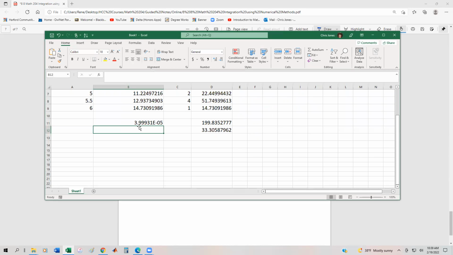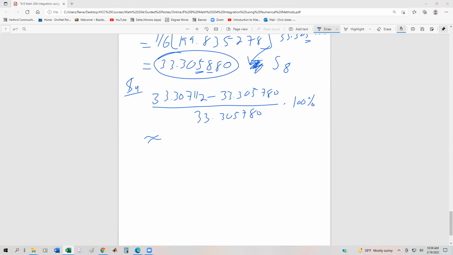It gives me 3.999, and I have to multiply that by 100. Okay, forgot to do that. All right, so 0.00399, so 0.004%. All right, so the error here is 0.004%. All right, and that's just for S4.